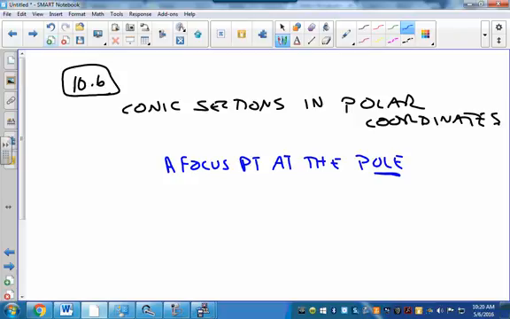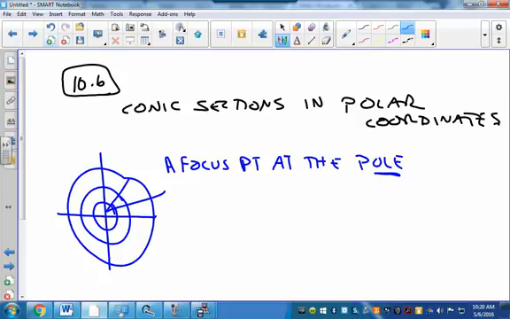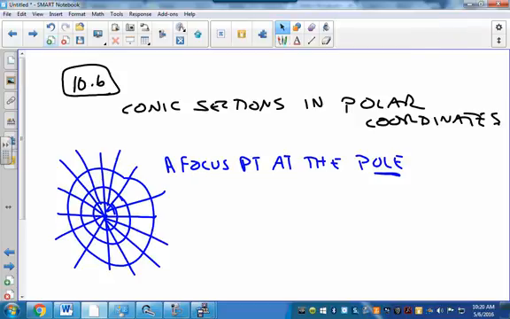Okay, so imagine your good old polar coordinate grid where you have all these little circles and these radial lines zipping away at various angles. And what we're going to consider are parabolas, ellipses, hyperbolas, and maybe even circles if you like. There's not really a focus for a circle, but I'll talk about it, where the focus point is at the pole. So let's pretend we had an ellipse, and the ellipse might look like this. And one of the focus points will be right there at the pole. Now, there's another focus point out here somewhere, right, because ellipses have two focus points. But we're going to consider just the one focus at the pole.